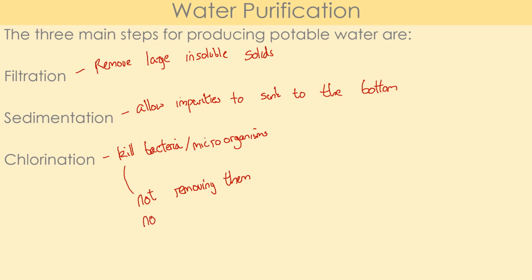We are not purifying the water. To be very careful with our language. The word purifying would mean that we are turning it into pure water, so it would only be water molecules. It is not. There are still lots of other things in there. Those things are just not harmful.